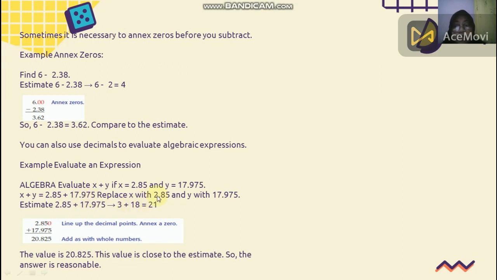Replace x with 2.85 and y with 17.975. Estimate 2.85 plus 17.975 becomes 3 plus 18 is equal to 21. The value is 20.825. This value is close to the estimate, so the answer is reasonable.